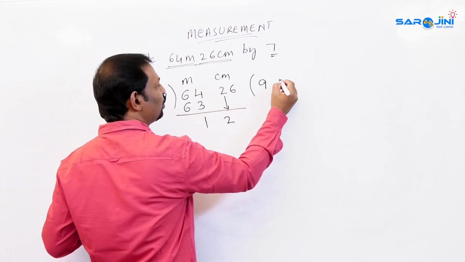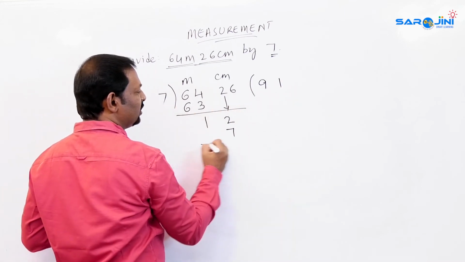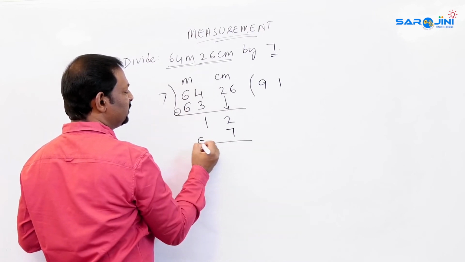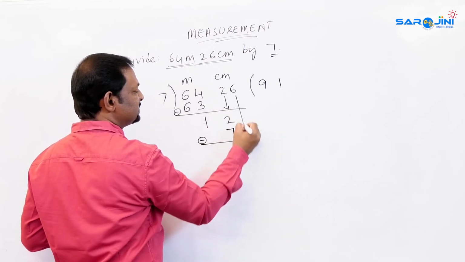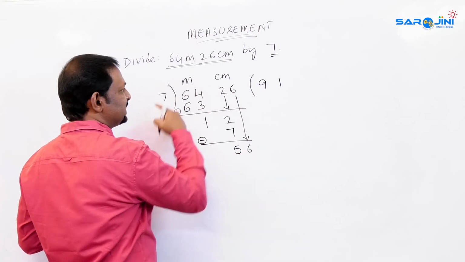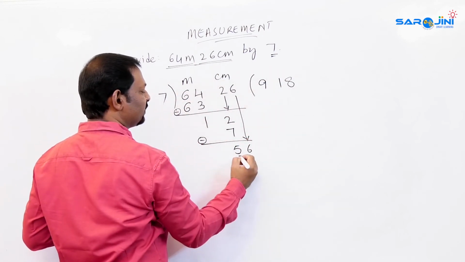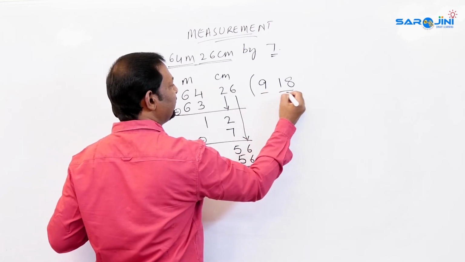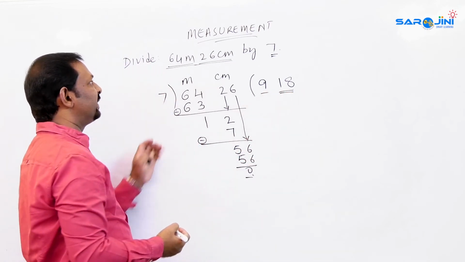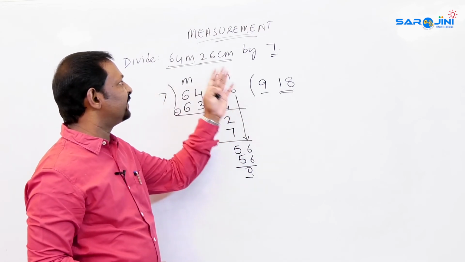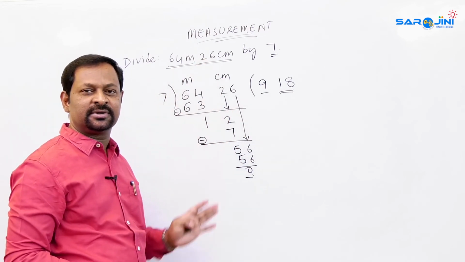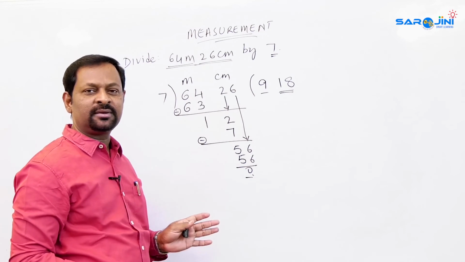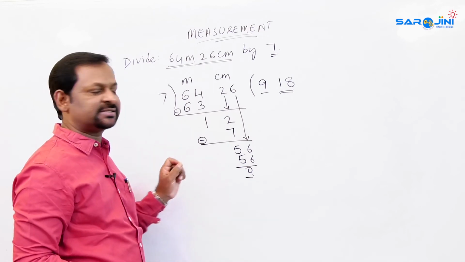So 7 ones are 7. On subtraction, what do you get? 5, and this is 6. 7 8s are 56. So the answer is 918. 9 is in meters, 18 is in centimeters. This is one way of doing division, and this is the simplest way.